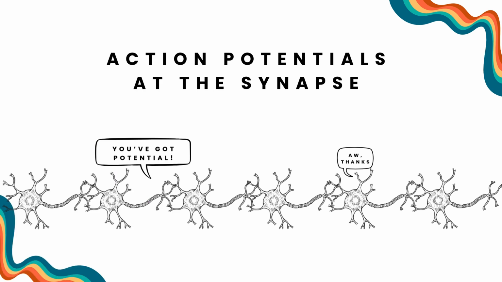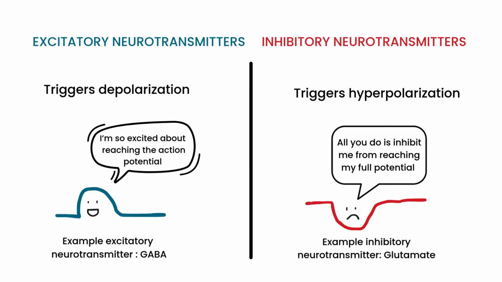So how might neurotransmitters affect the action potential of a neuron at the synapse? There are two types of neurotransmitters, excitatory and inhibitory. Excitatory neurotransmitters are neurotransmitters that increase the likelihood of the postsynaptic neuron reaching its threshold of excitation, which would allow it to generate an action potential.